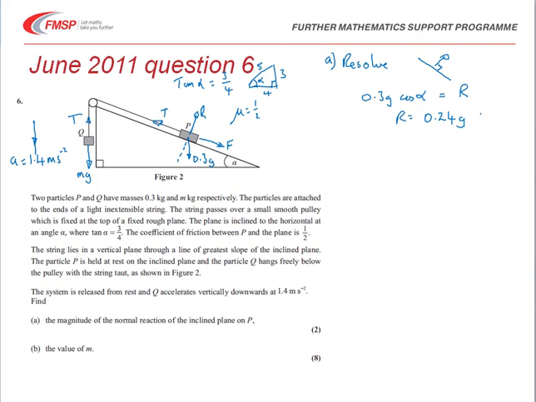You can leave it like that, or if you wish to give it as a decimal, then it comes out to be 2.35 newtons. So R is 0.24 g newtons.